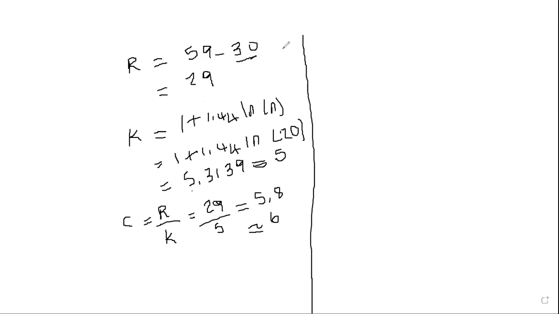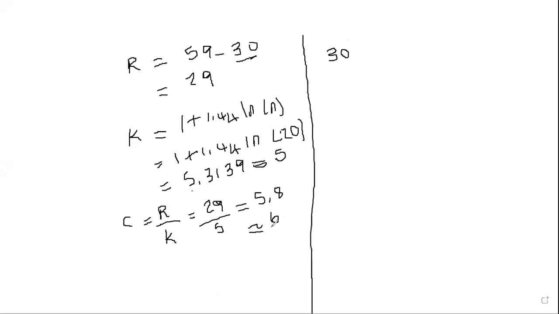So if you have 30 as the lowest value, your minimum value, meaning 30 already is our lower limit for our first class. Lower limit for our first class will be 30.